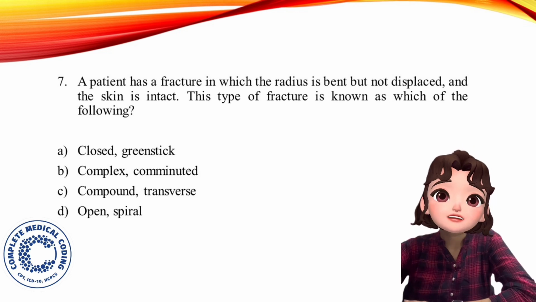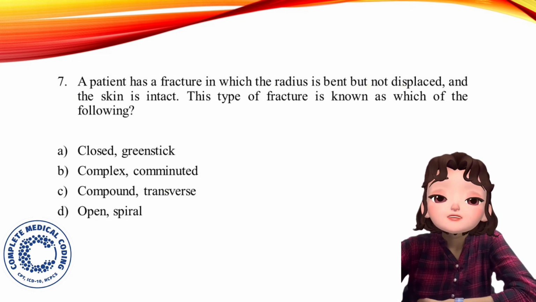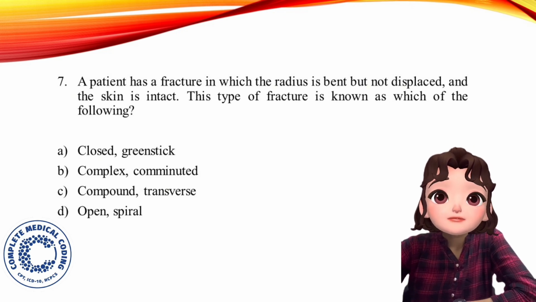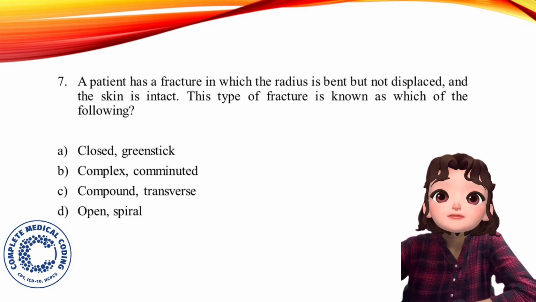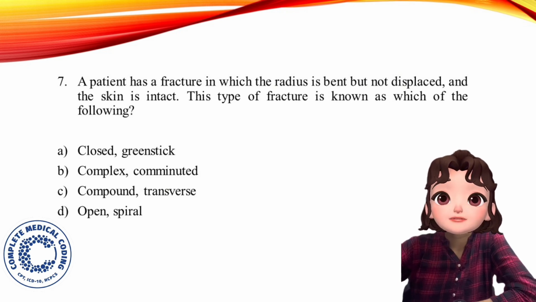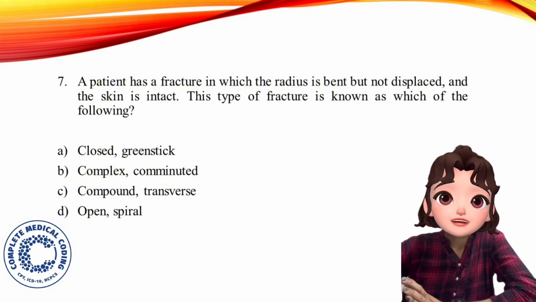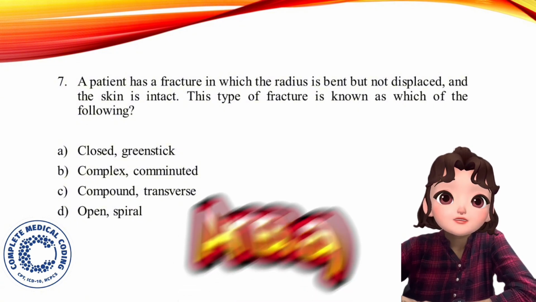What type of fracture is it? I'll read out the options for you. Closed greenstick, complex comminuted, compound transverse, or open spiral? The answer here is option A, closed greenstick.